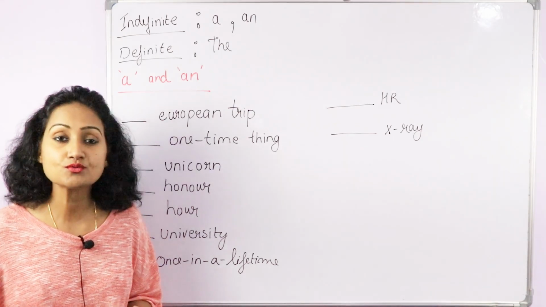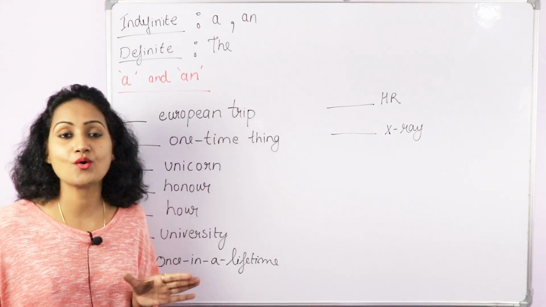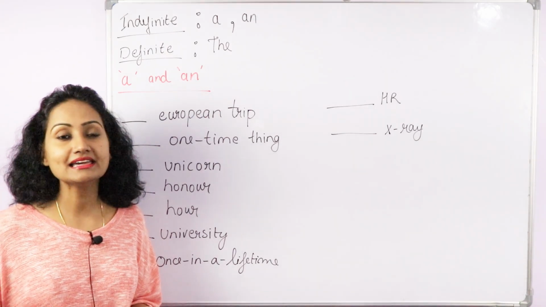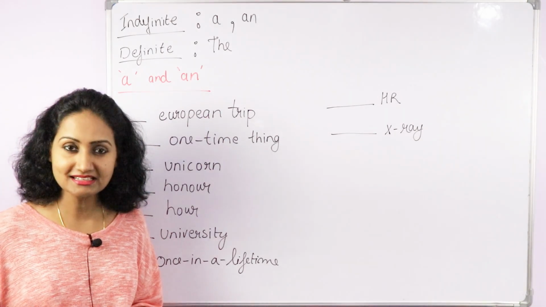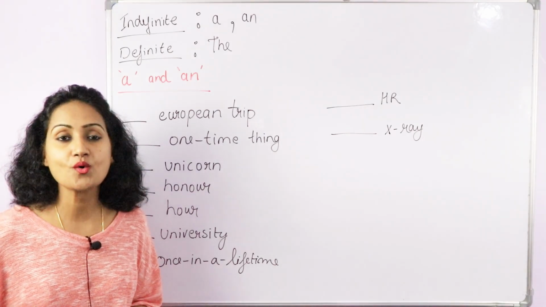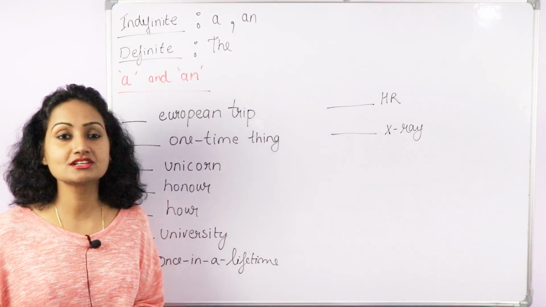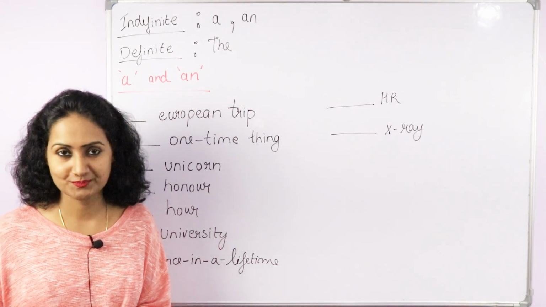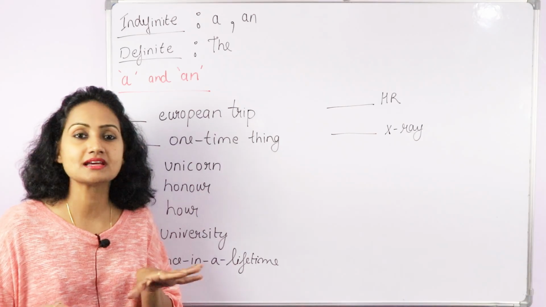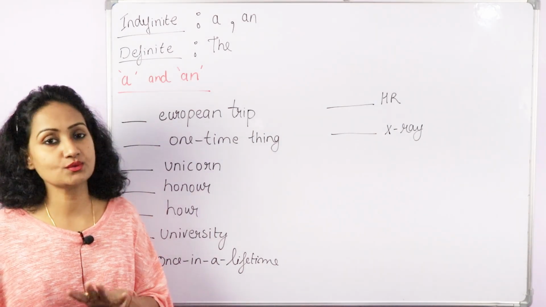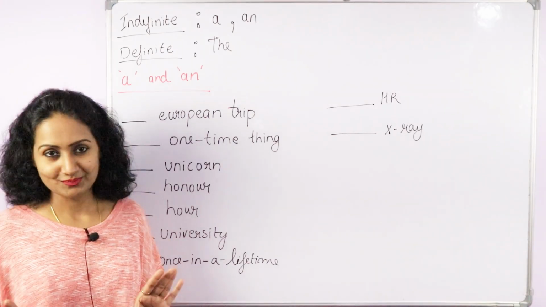The sound of A is A, E is E, I is I, O is O, U is A, not Y, it's A. Okay, so these are the vowel sounds where you will use an, otherwise you will use a.